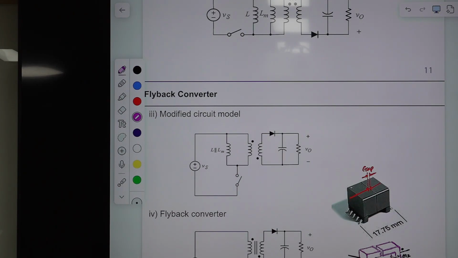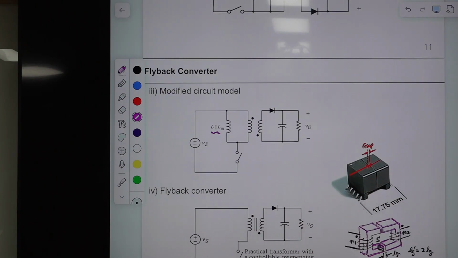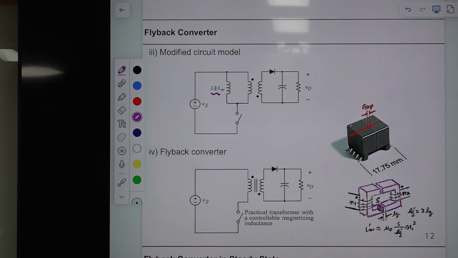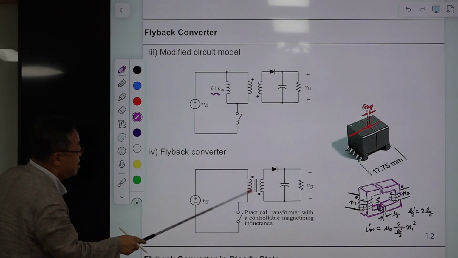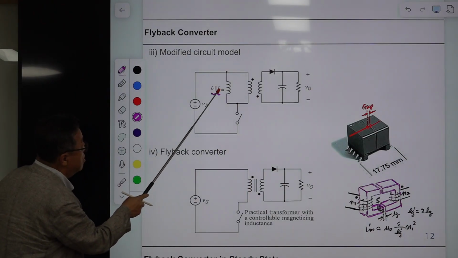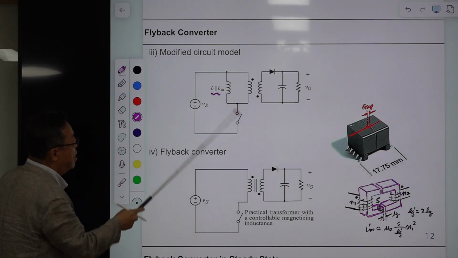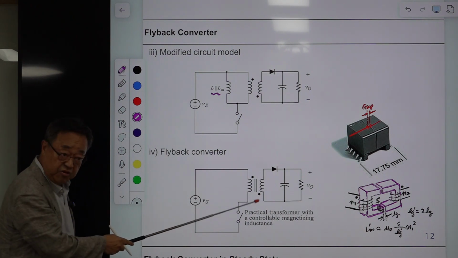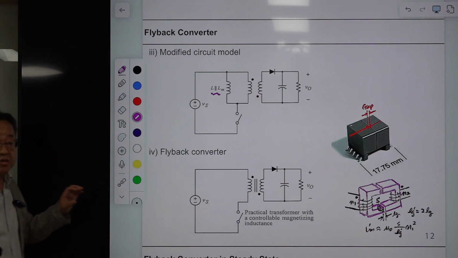You combine them together and consider this as one inductor, and you consider this a practical transformer, and this combination is the magnetizing inductance of the new transformer. That transformer is called the flyback transformer.